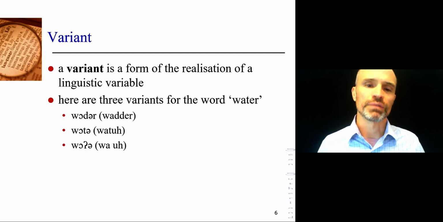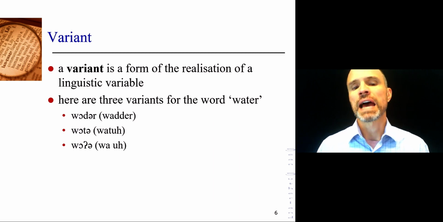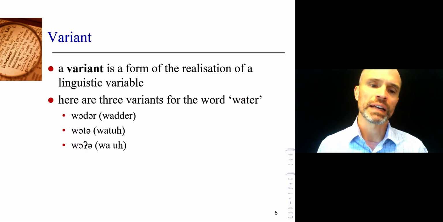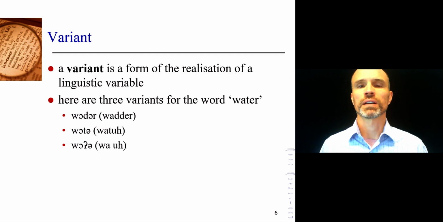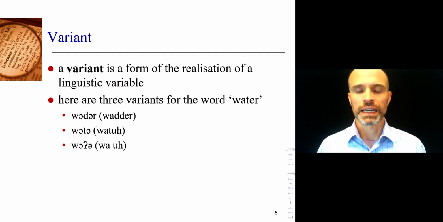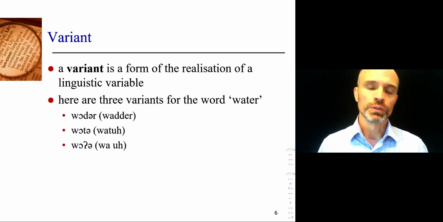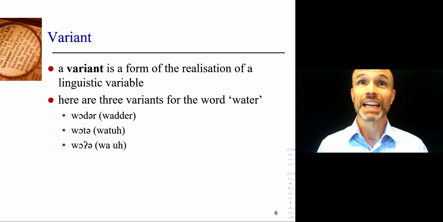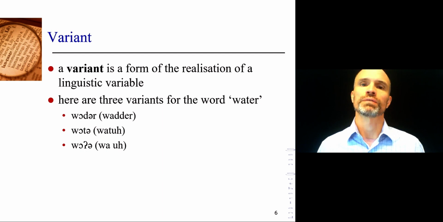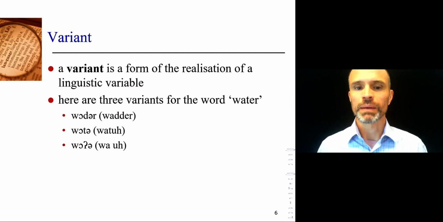So then in brackets, I've tried to write these pronunciations just using regular English letters, right? You've got the water pronunciation, you've got the water pronunciation, and then that third one, if you look at the third letter that looks sort of like a question mark, but without the dot at the bottom, that letter is used in the International Phonetic Alphabet to represent a sound that we don't have a letter for in the regular alphabet.